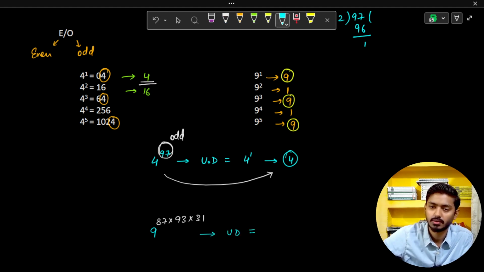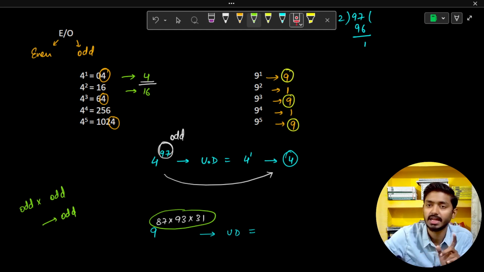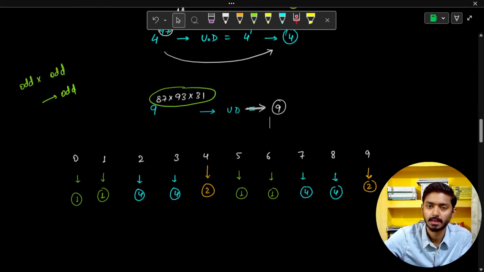What you say is, since all the powers are odd and we know that odd multiplied by odd gives us odd only, this entire thing would be odd, and we know that 9 to the power odd gives us 9. If you don't remember, you'll say 1 is odd and 9 to the power 1 is 9. So we'll say the unit digit to be 9. Simple as that.